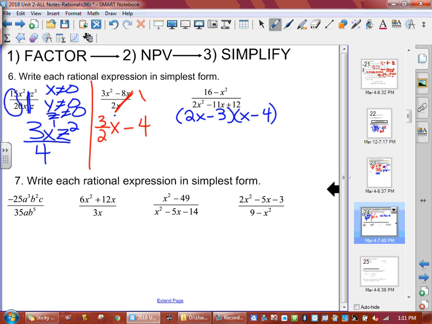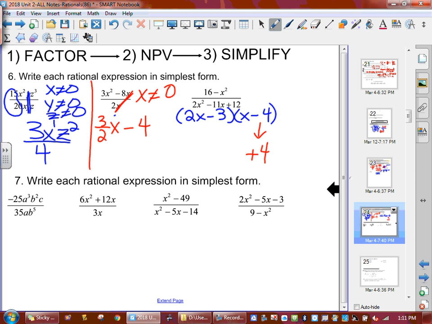All right. When we have brackets like this, again, we're trying to see what makes each bracket equal to 0. So what would make this bracket equal to 0 with the 4? Right, so positive 4 makes that equal to 0. When we've got them with a number in front of x, all it does is change the answer to a fraction.